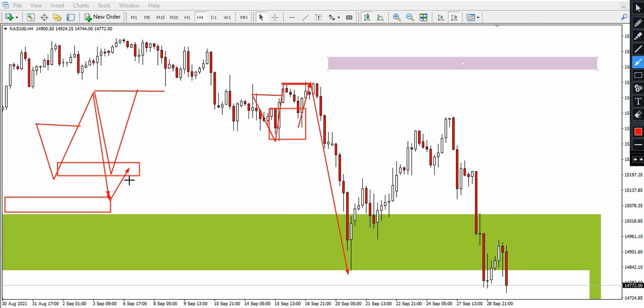Now instead of buying here, what do we do then? We sell. And then where is our take profit? In this instance, I just expanded this. Our take profit will be this order block here again.